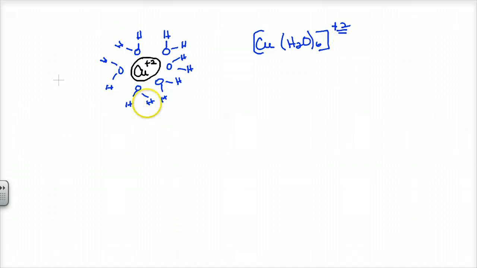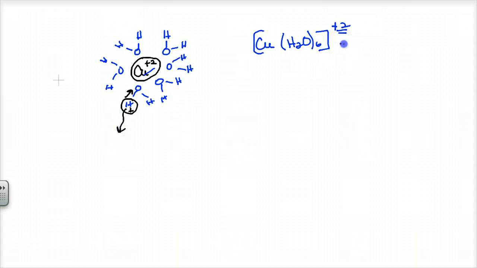Now, the coolest part about that is that because this charge density is so high, it pulls the pairs of electrons in these polar covalent bonds closer to the copper ion. And what it does is expose the positive proton that can escape.